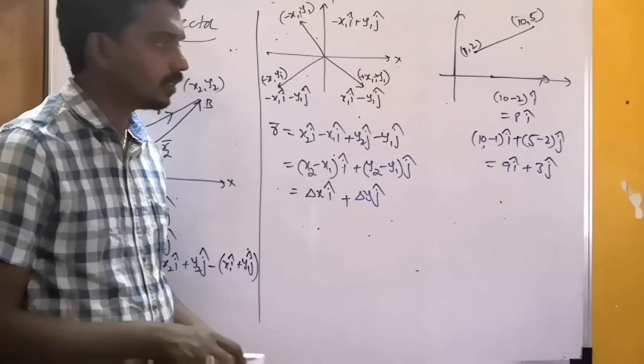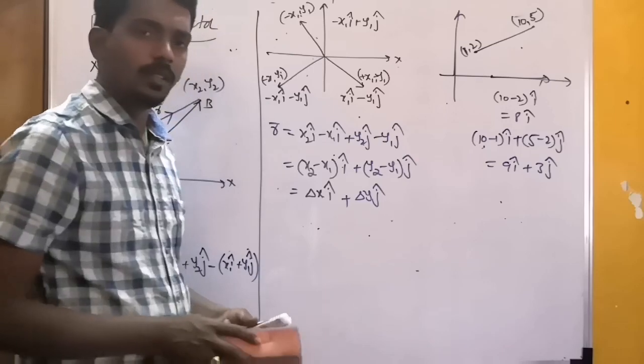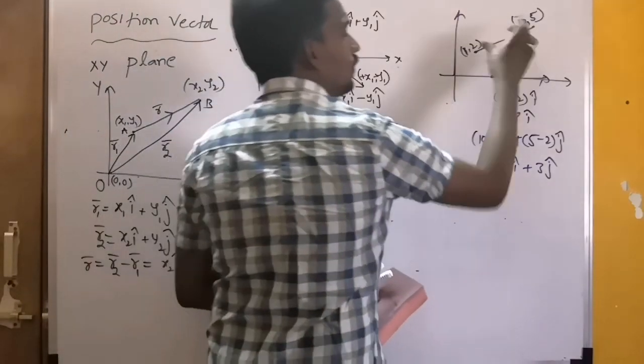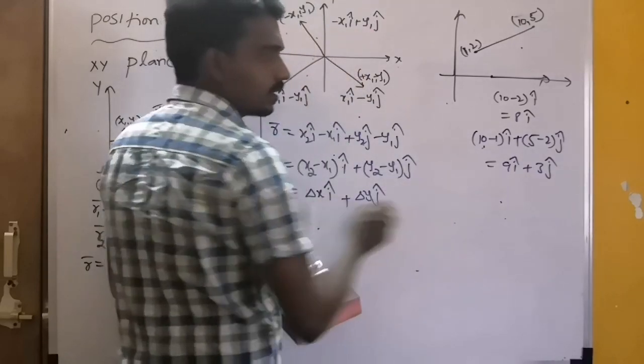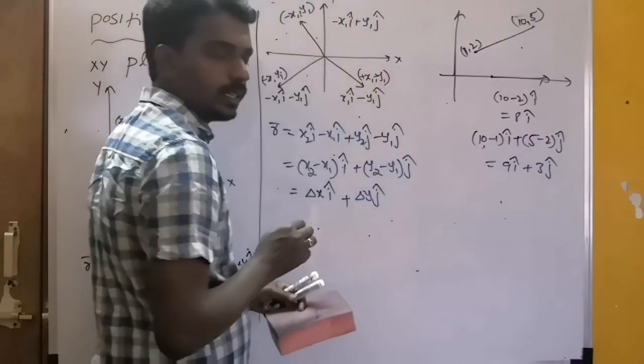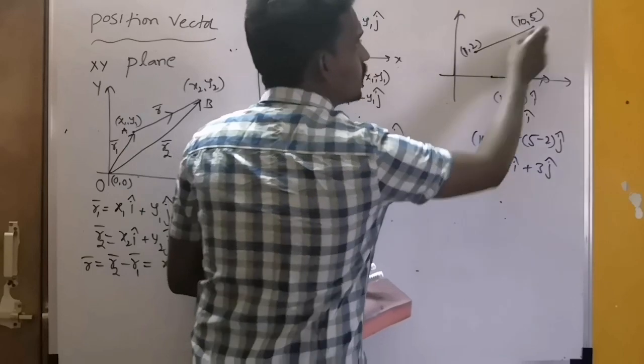This is called the vector representation of this displacement. 9 meter along x, 3 meter along y, so that the resultant is this much.